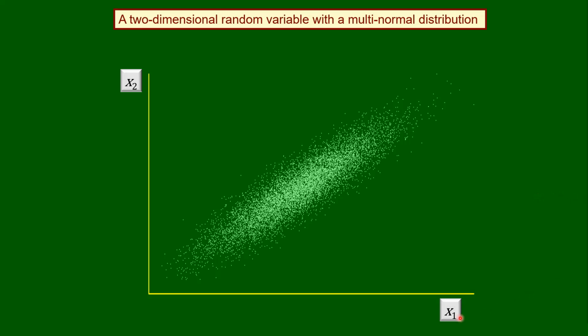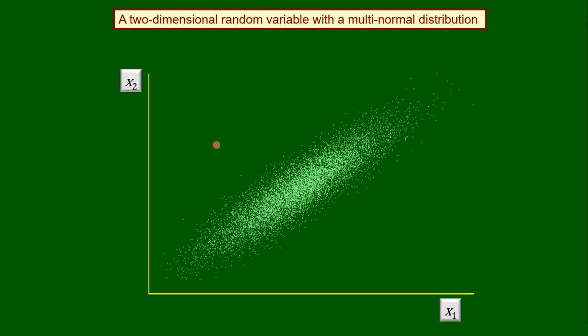Here I've got x1 again, and I've got x2. And this time I use my random number generator to generate realizations of x1 and of x2, and I find that they're not independent anymore, and we'll look into that a little bit more shortly. But obviously this cloud has an orientation.